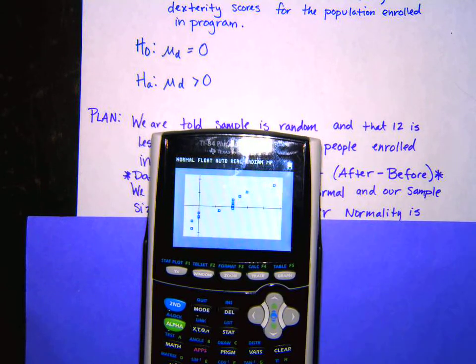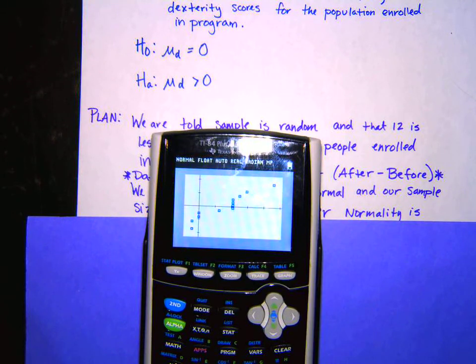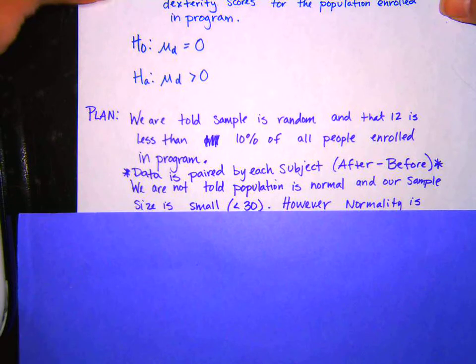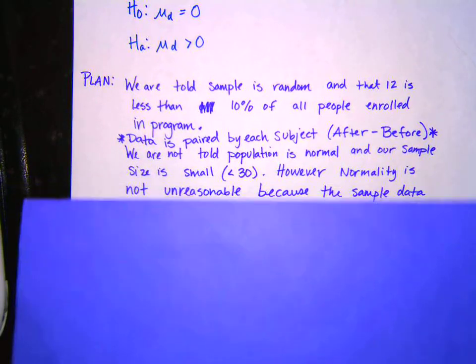I don't see a perfect symmetric unimodal peak in my histogram. But what we can say, and again, an FRQ is never going to not meet the checks and assumptions, is how I wrote that up: however, normality is not unreasonable because the sample data does not show skewness or have outliers.